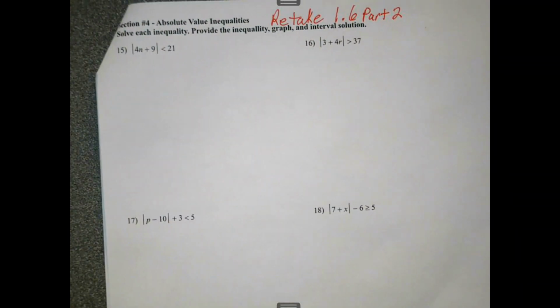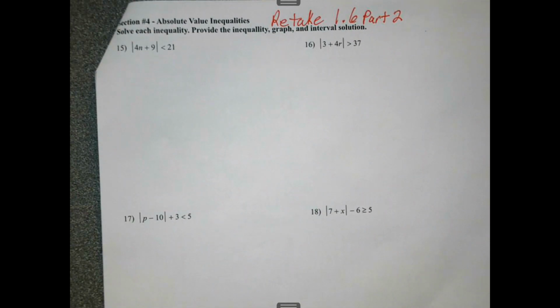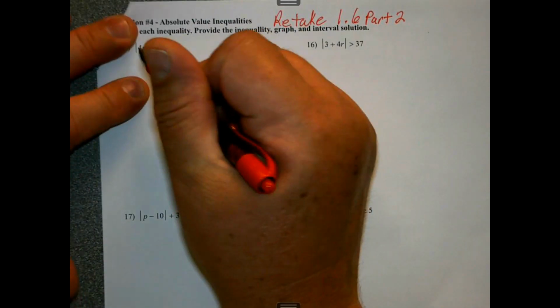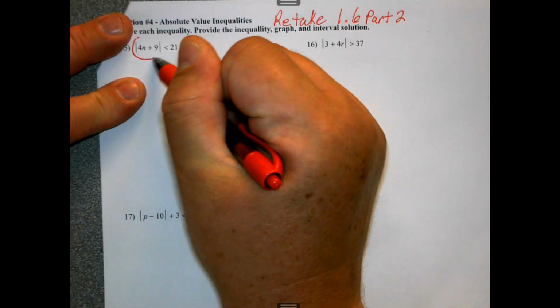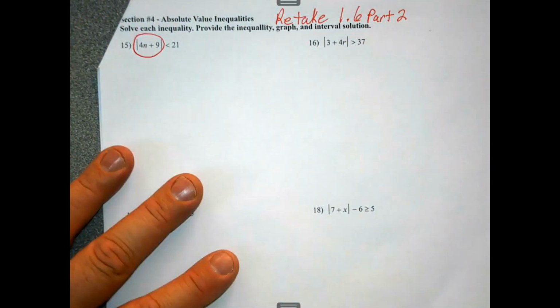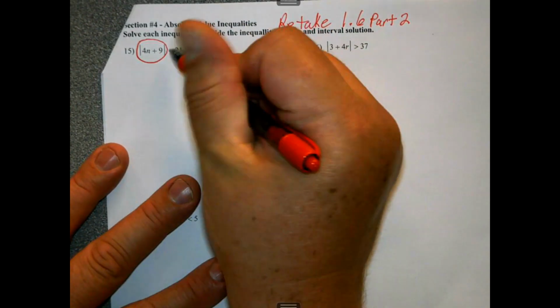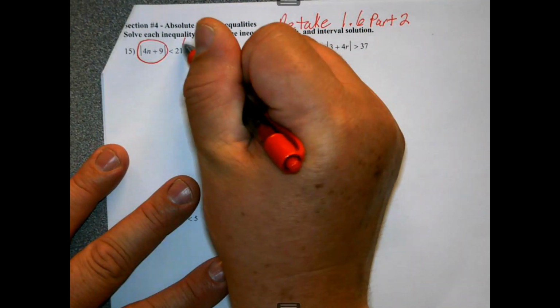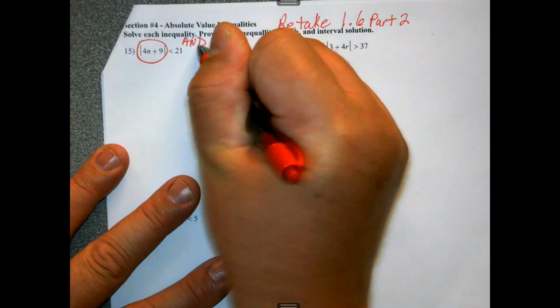And we have absolute value inequalities. With absolute value inequalities, always make sure the absolute value symbols are isolated. This is a less than, so it's an and statement.